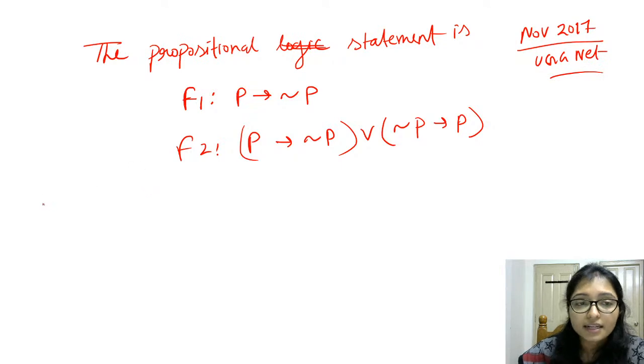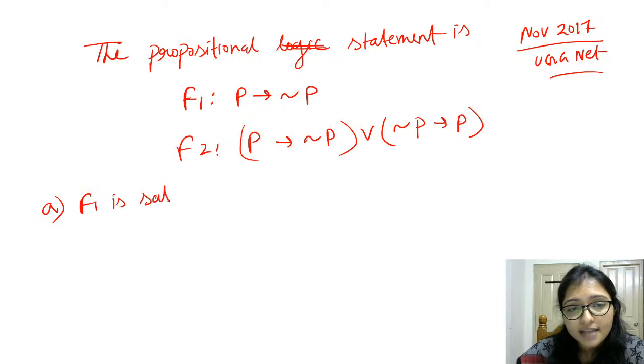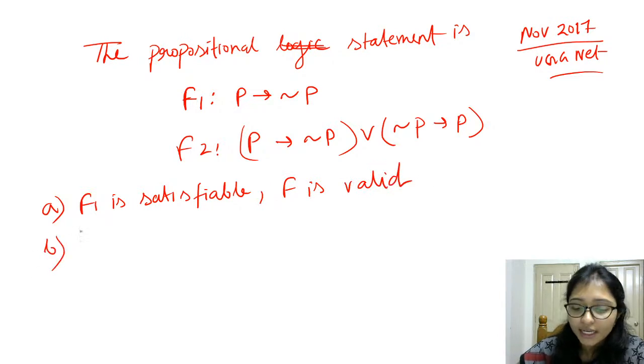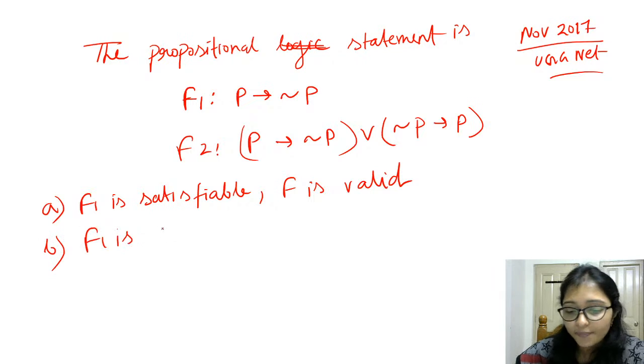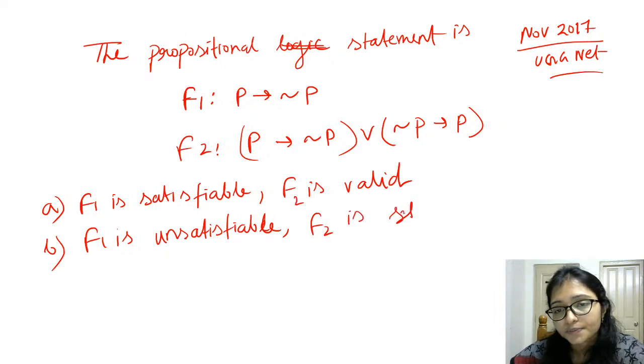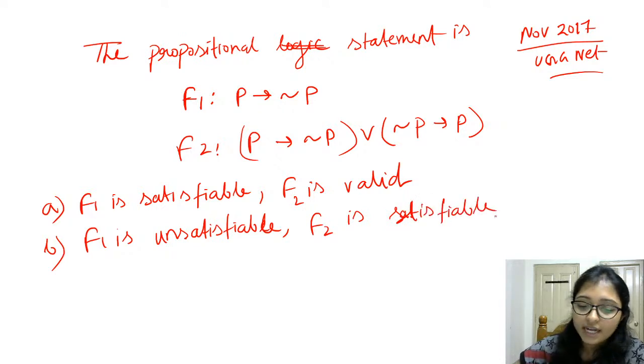So then the options: option A is F1 is satisfiable, F2 is valid. Option B is F1 is unsatisfiable, and F2 is satisfiable.